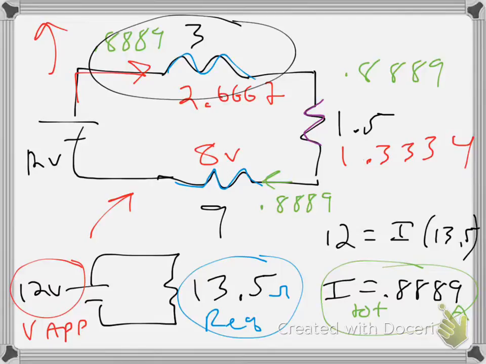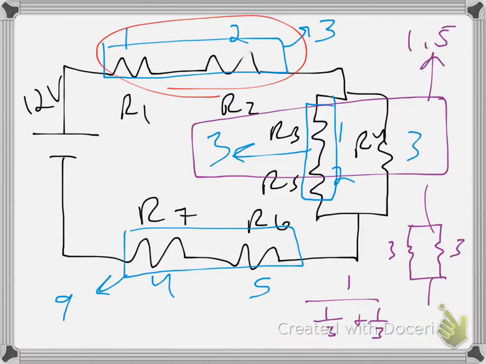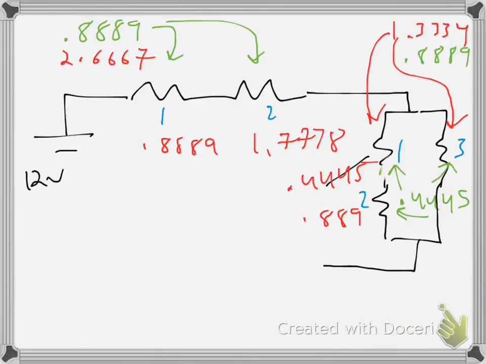Our final system was this one right here, 8 volts and 0.8889 amps. So let's write this down here. 8 volts, 0.8889 amps, and that was broken down into 2 resistors. Let's give it a little room here.